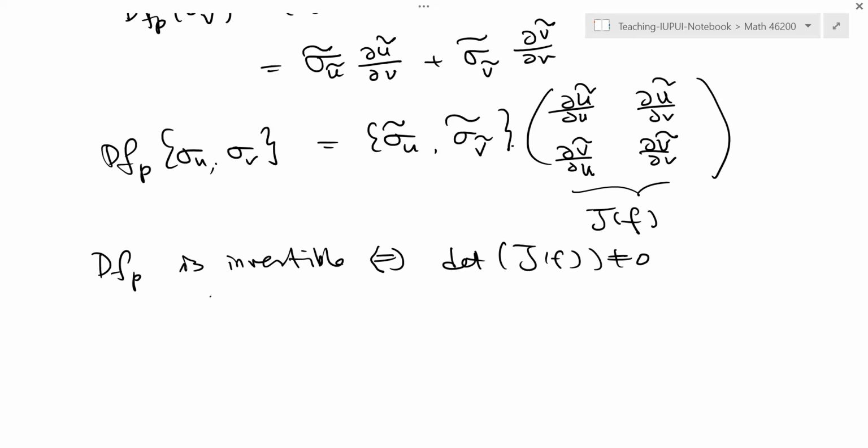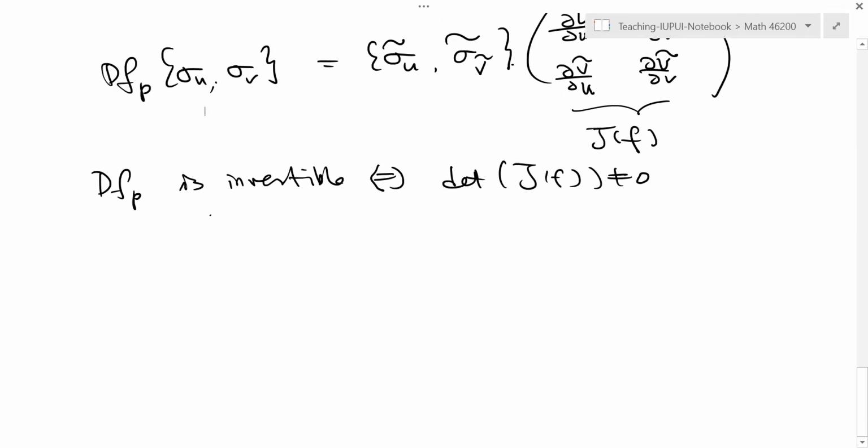All right. So now we are going to take a look at the first fundamental form.